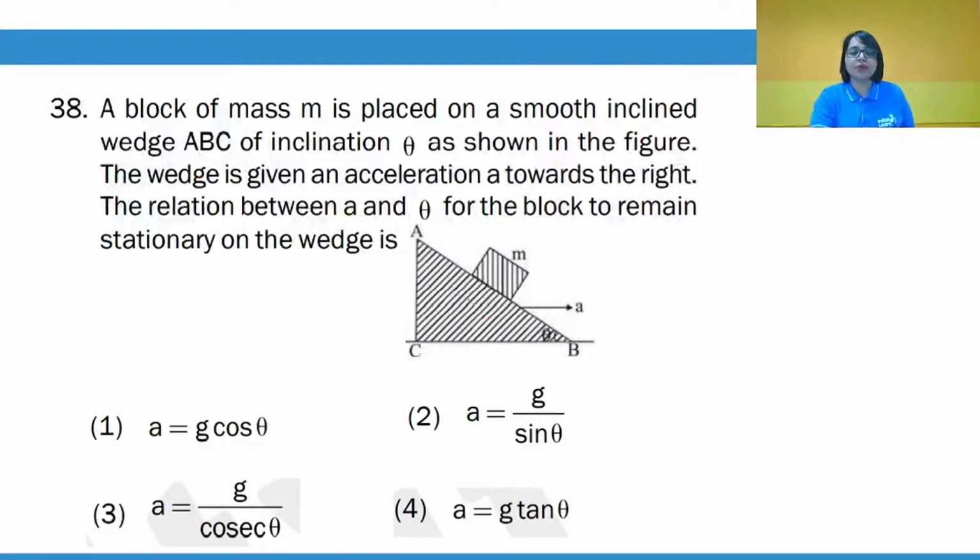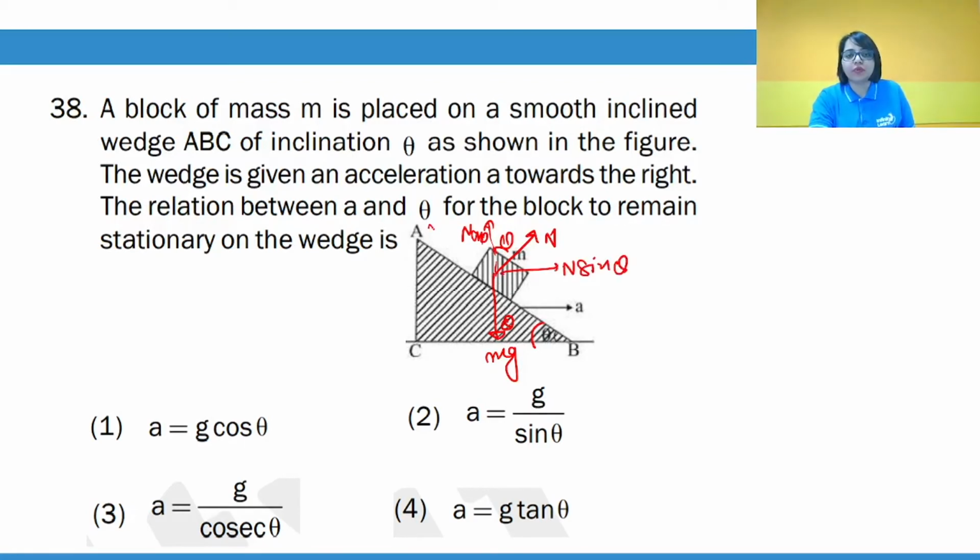Next is we have a block of mass small m and it is placed on a smooth inclined plane of inclination angle theta. The wedge is given an acceleration a towards right. We need to find the relation between a and theta so that block remains stationary on the wedge. So this will be mg. This is normal n. This component will be n cos theta and this component is n sin theta.